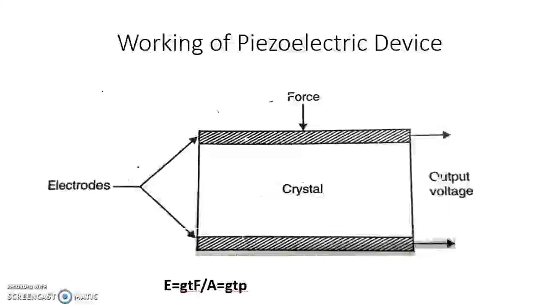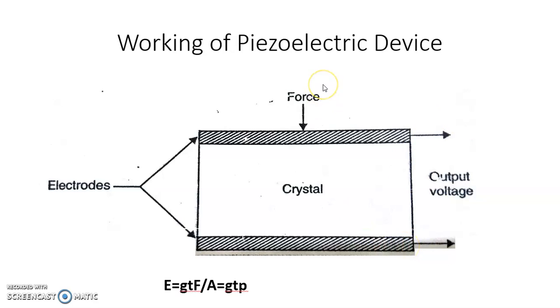Now let us see the working of a piezoelectric transducer or piezoelectric device. In this case, there is a piezoelectric crystal embedded between two electrodes, through which the external wires are connected.